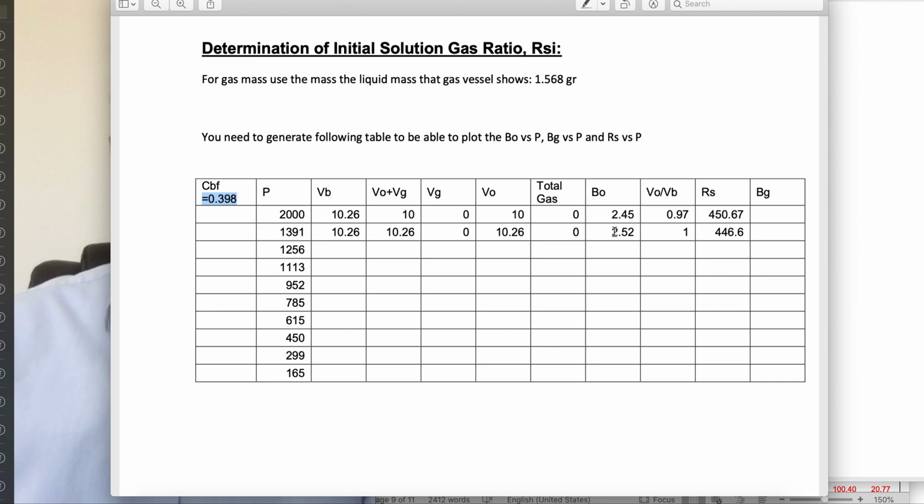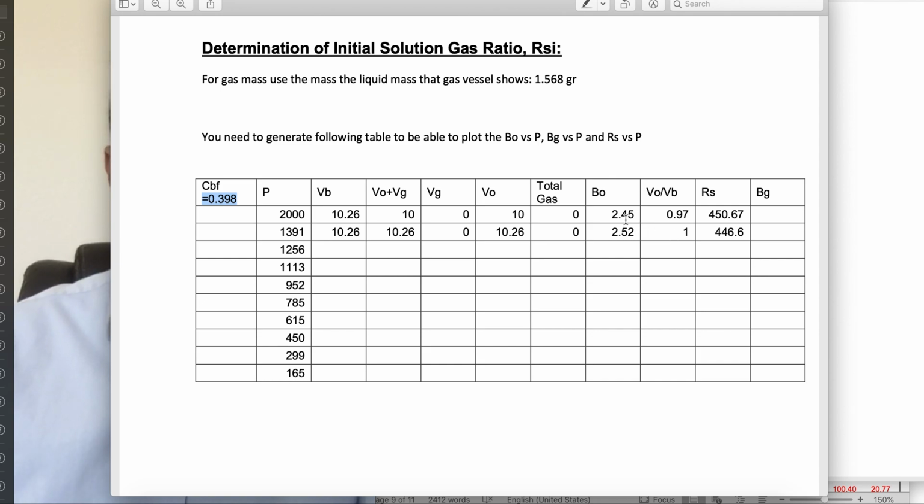value. Okay. So, for example, for the first one, the VO over VB is equal to 0.97 divided by the CBF, which is 0.398, becomes 2.44 or 45.